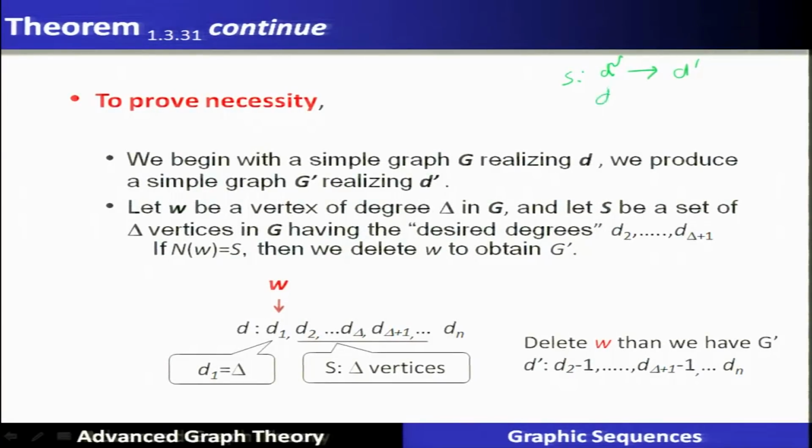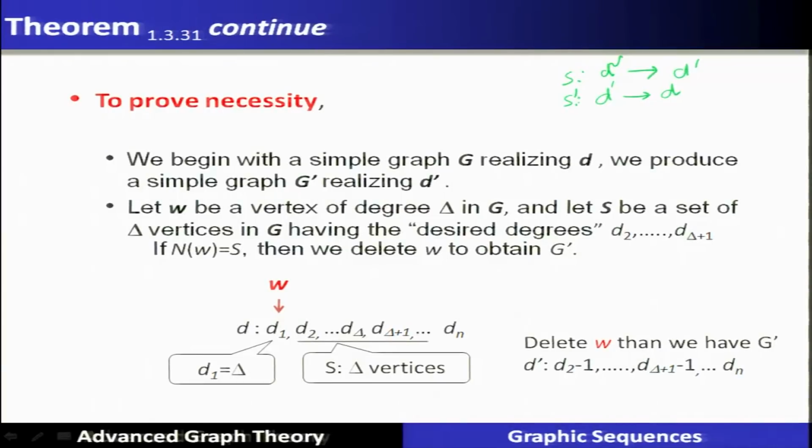Or if we have a graphic sequence D prime, and if we place a vertex and obtain D, then it is also a graphic sequence. So, both ways we are going to prove.